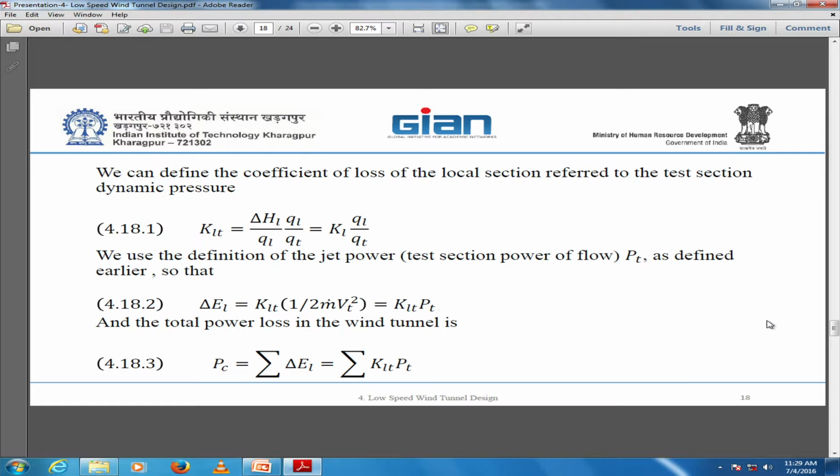Now, if you want to express the local non-dimensional loss or coefficient, we have to multiply by the local dynamic pressure and divide by the test section dynamic pressure, which is the power jet expressed by pressure. The coefficient relative to the test section equals the local coefficient times the local dynamic pressure divided by the test section dynamic pressure.